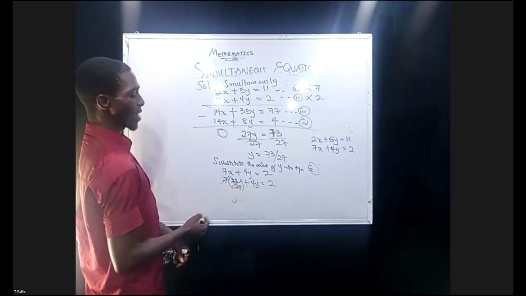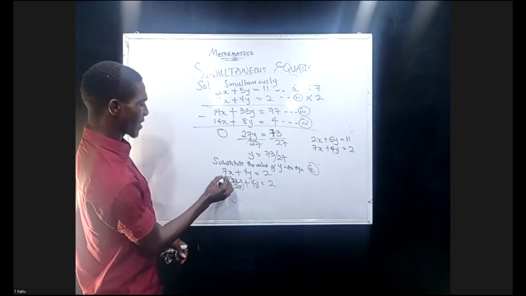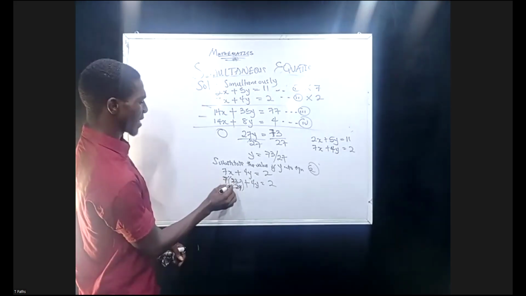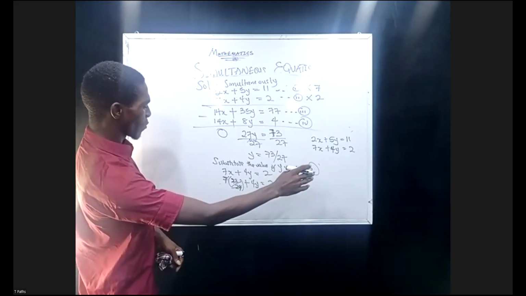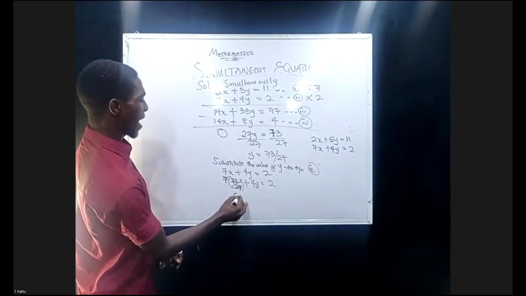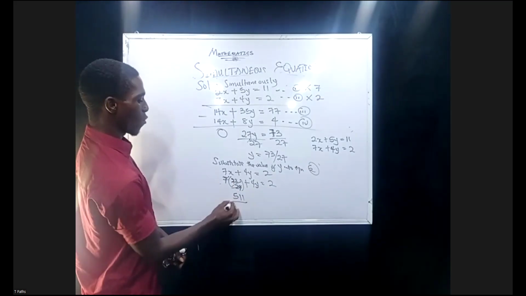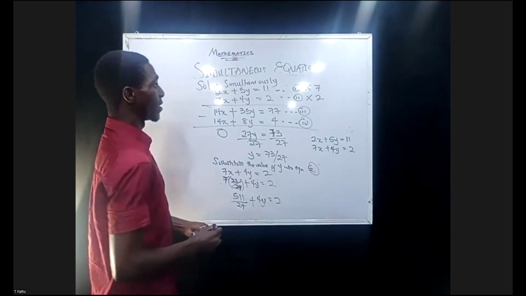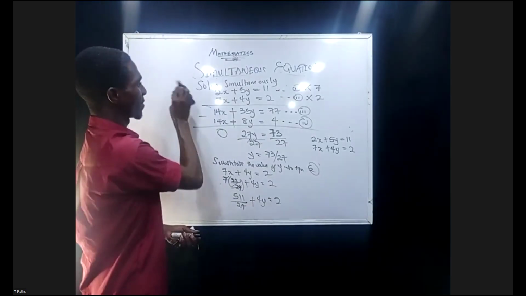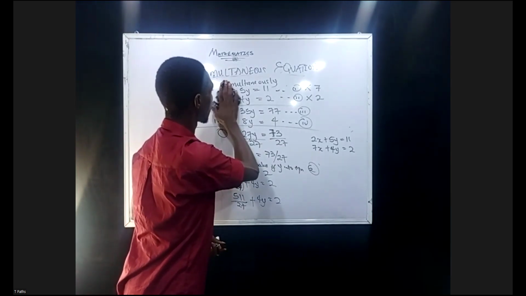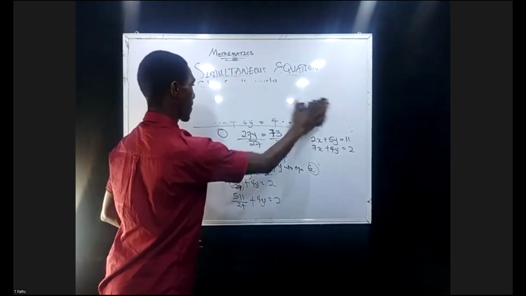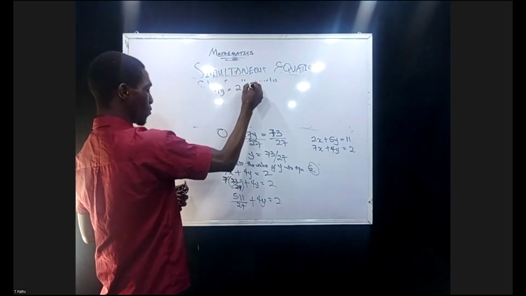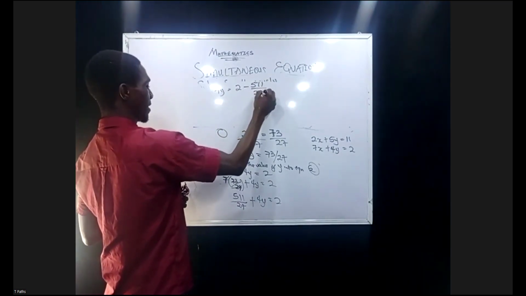Multiply all through: 7 times 73 is 511, so 511 over 27 plus 4y equals 2. Then, collecting like terms, I have 4y equals 2 minus 511 over 27.